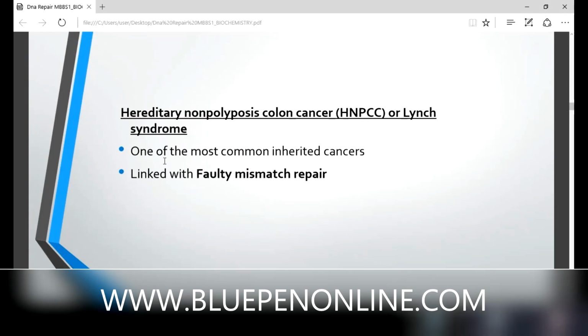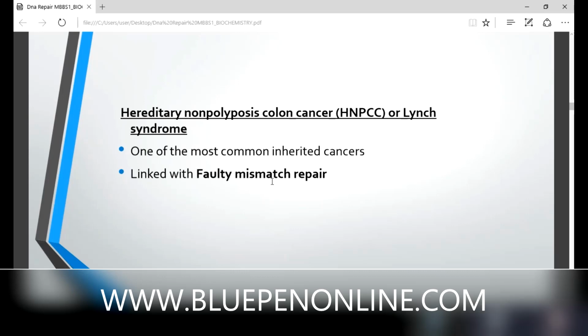Hereditary non-polyposis colon cancer. These replication errors always lead to cancer. So hereditary non-polyposis colon cancer, HNPCC or Lynch syndrome, is linked with faulty mismatch repair. It is one of the most common inherited cancers.